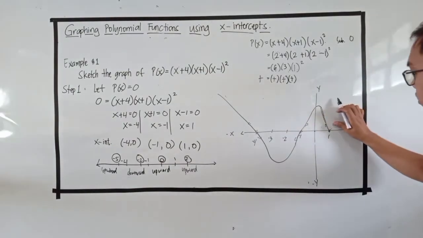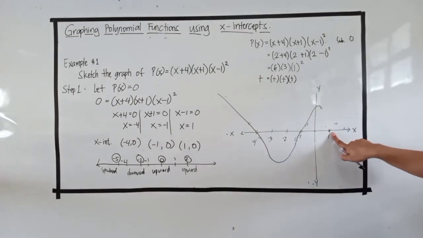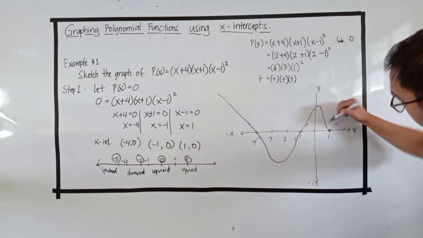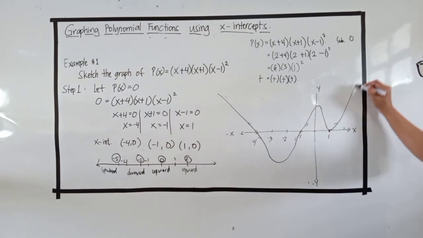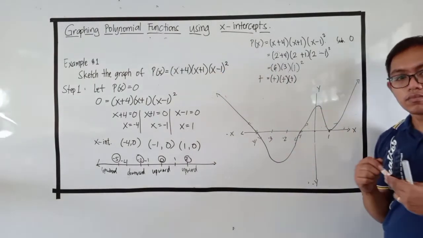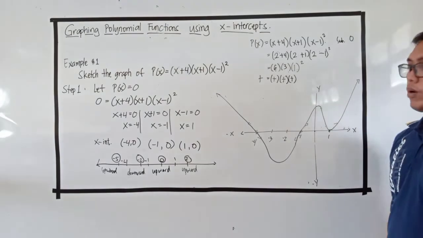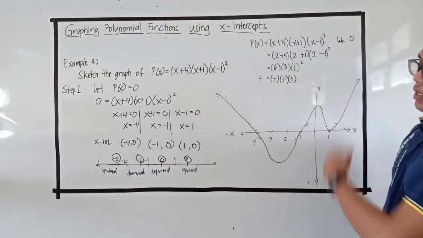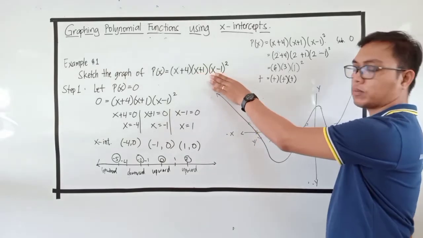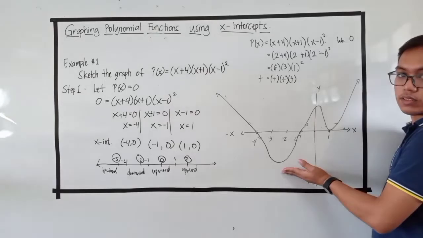And lastly, since you have multiplicity of 2 here, you're going to tend to flatten. And there we go. The graph of our function p of x equals x plus 4 times x plus 1 times x minus 1 squared is this.